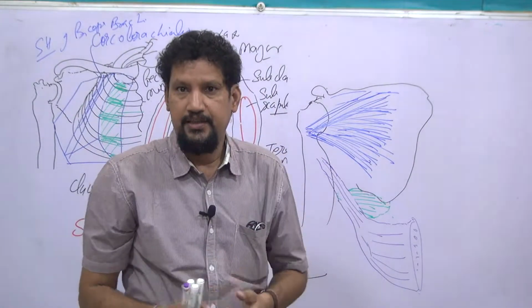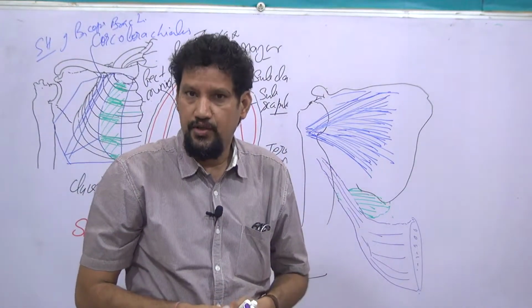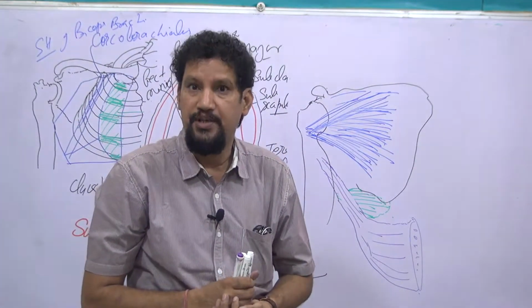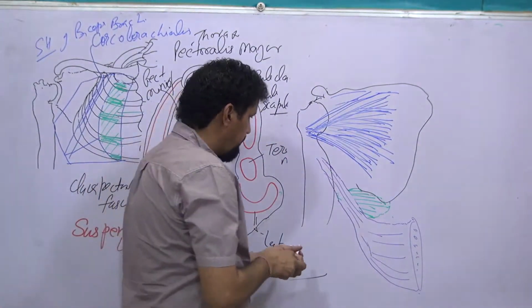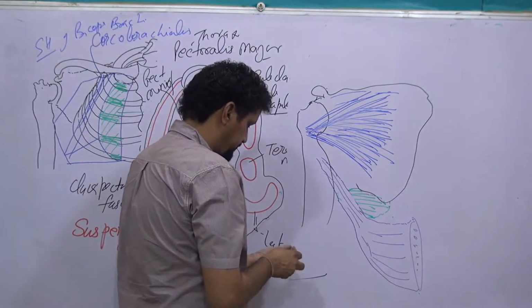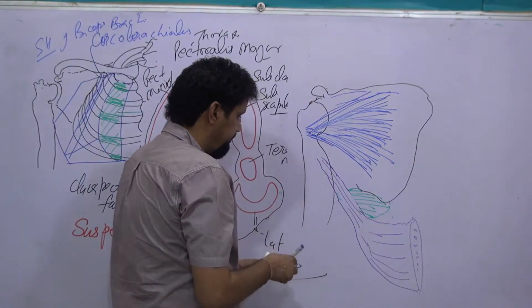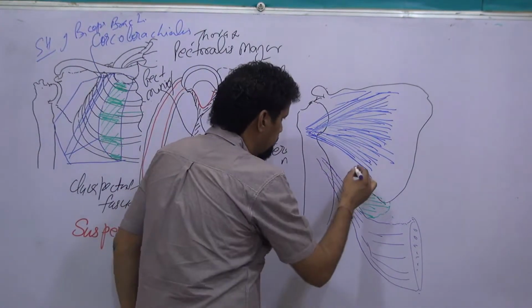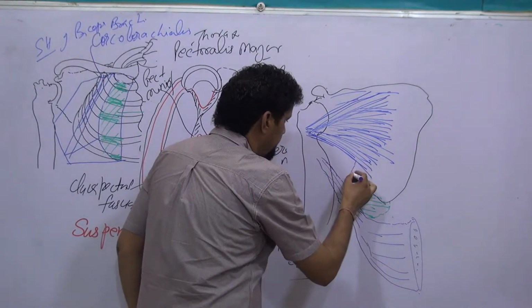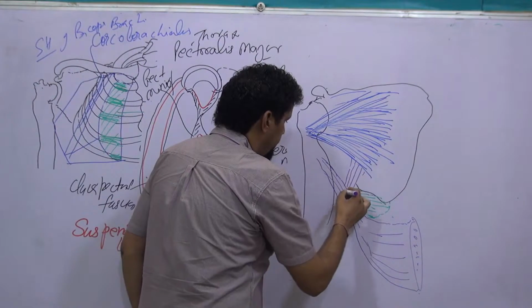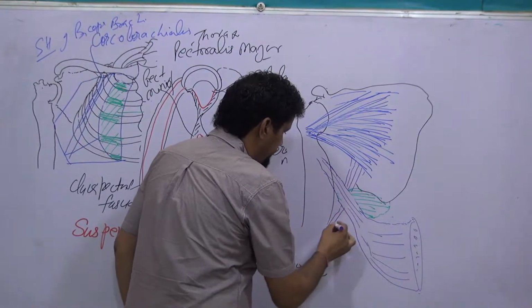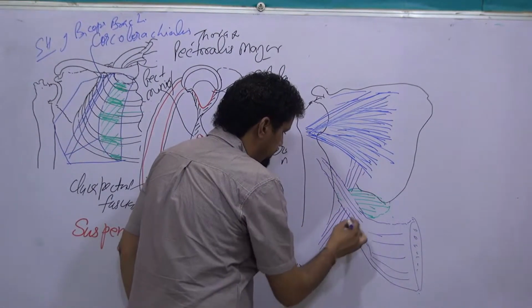The anterior axillary fold is formed by twisting of the pectoralis major fibers. This is the lateral head of the triceps muscle.